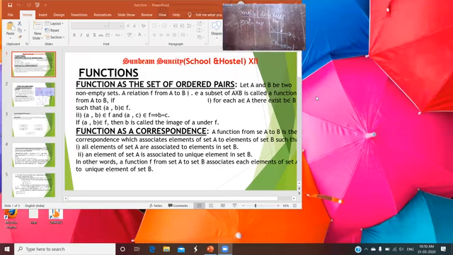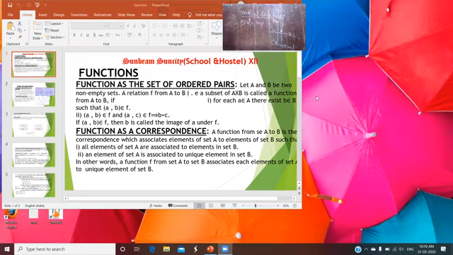Here you have to take two distinct elements from the domain of the function and put those values in the given function. If the values of the function corresponding to x1 and x2 are different, no doubt the function is one-one. But if you take distinct values from the domain and the value of the function becomes the same, then you can say that f is not one-one.